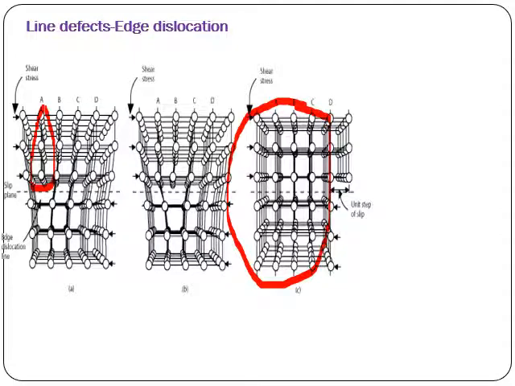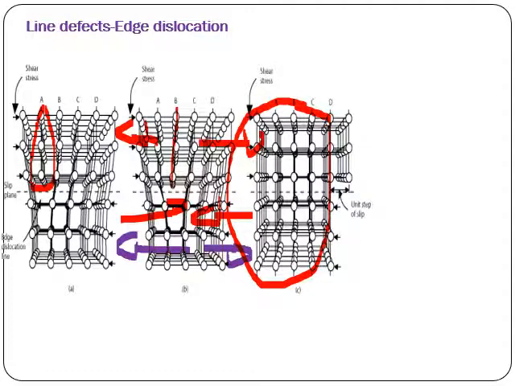Say when we insert a plane of atoms here, these atoms are moved away and these atoms are moved towards each other. These atoms try to occupy their original position, which means there will be an opposite tensile force.